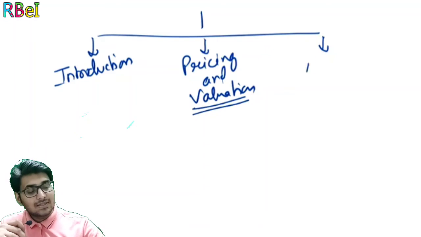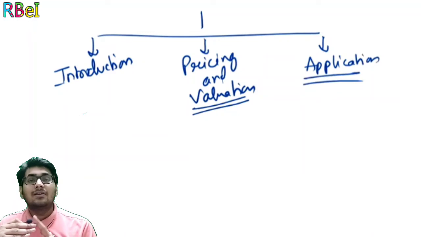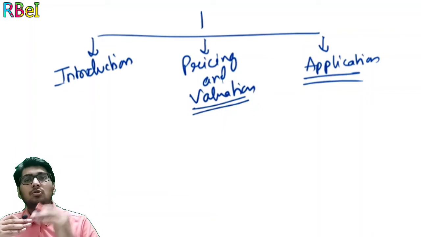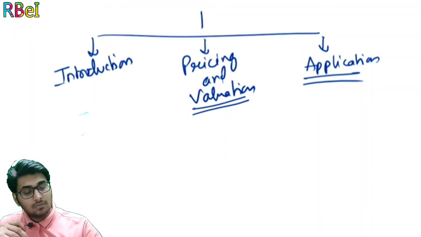And the last one is the application, that is how you are going to use this derivative in real life. For example, you feel that the market is going to go to 17,000 from 14,000. So you are bullish on the market. Then what are the possible options you have?